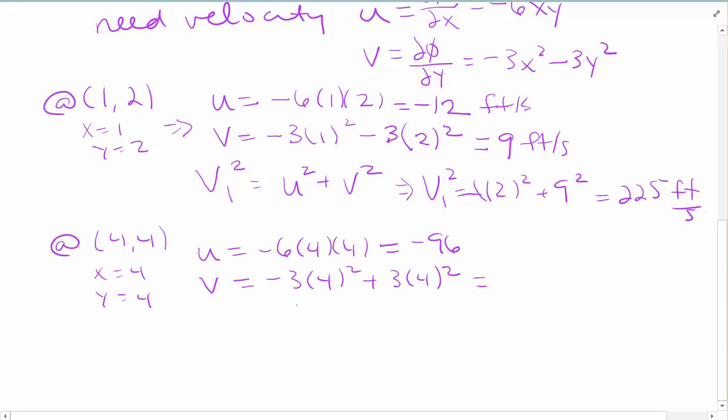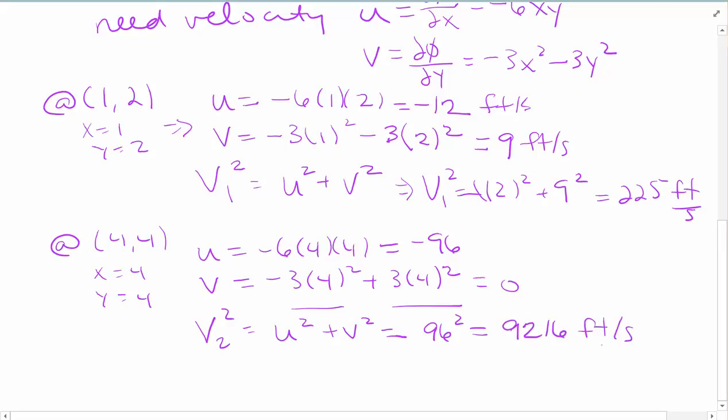Now if you notice, these terms are going to cancel, so that goes to 0. So our V2 squared will just be u squared plus v squared again. This time we'll just have 96 squared, which ends up being 9,216. So there's the square of the magnitude of velocity at point 2.